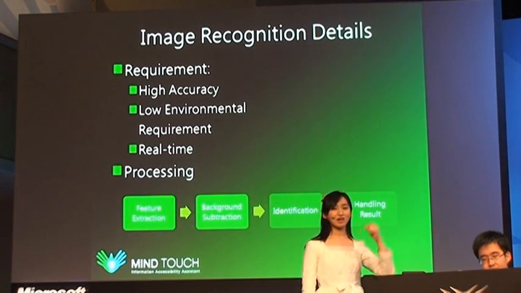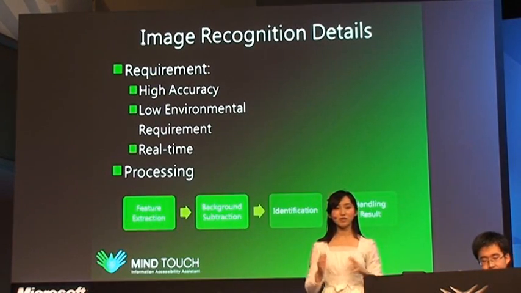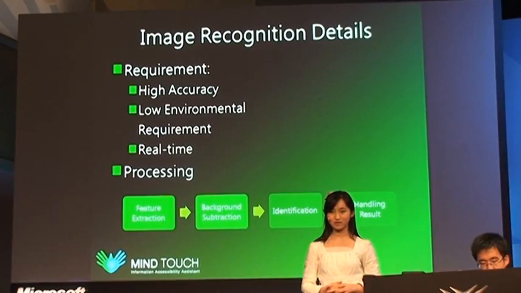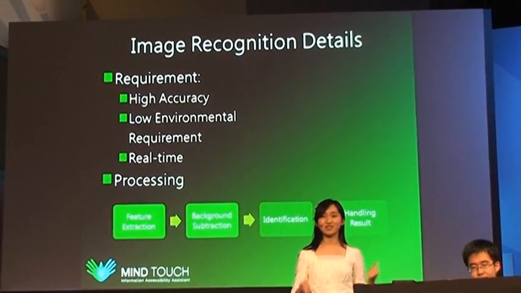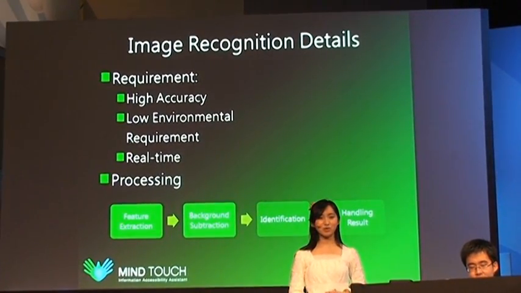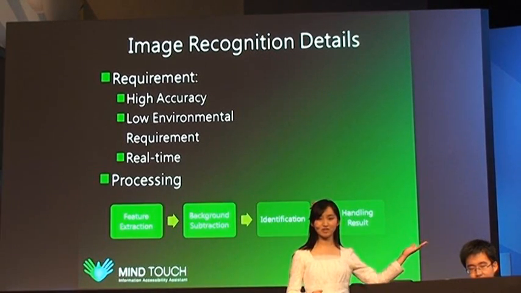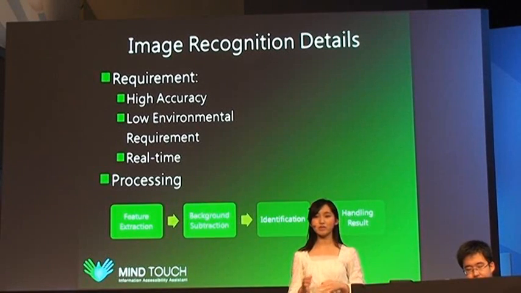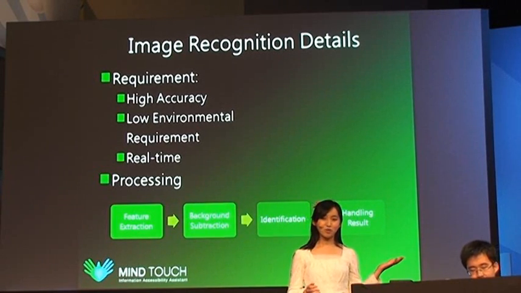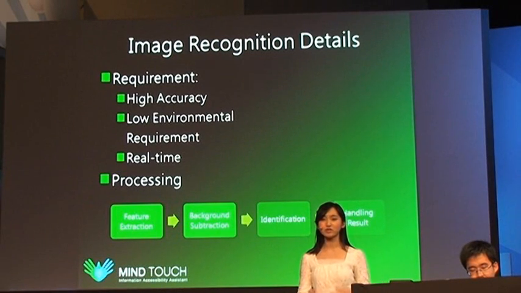And next, let's come to the details of how our image recognition part works. It works well under ordinary light conditions, and we have several requirements. For example, high accuracy, reducing the impact of different illumination conditions, and promising it reacts in real time.